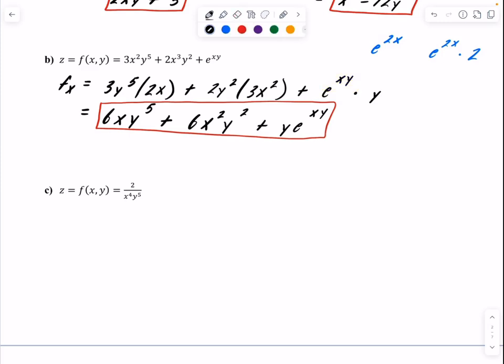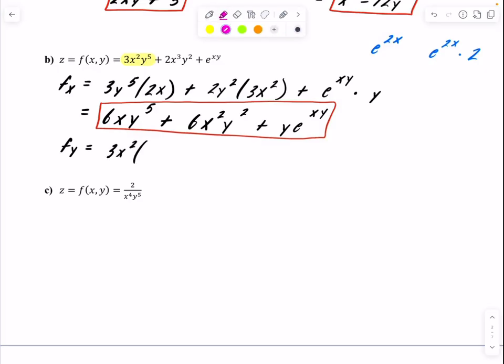Now I'm going to find the partial derivative with respect to y. I'm going to do this step by step, just like I did the last example. This first term, if I'm now treating x as a constant, I'm going to write my number and x first.